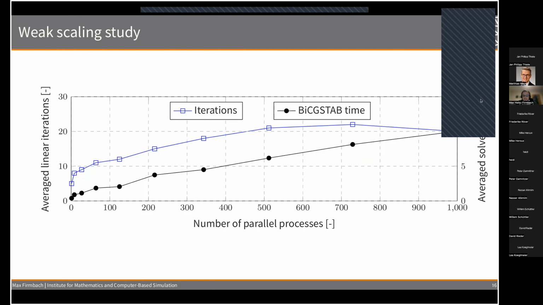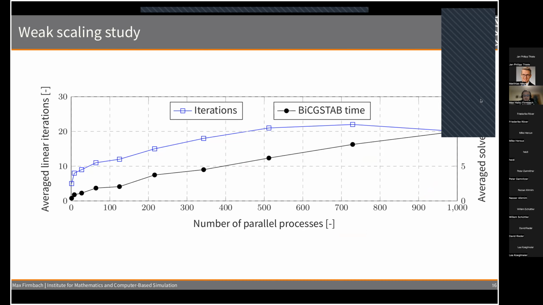Showing the results, we plot the iterations and the solver time over the number of parallel processors. Maybe focusing on the iterations first. You can see that in the beginning, going up to maybe 300 processors, we see a quite increasing iteration count. So the method is not scaling very well there.